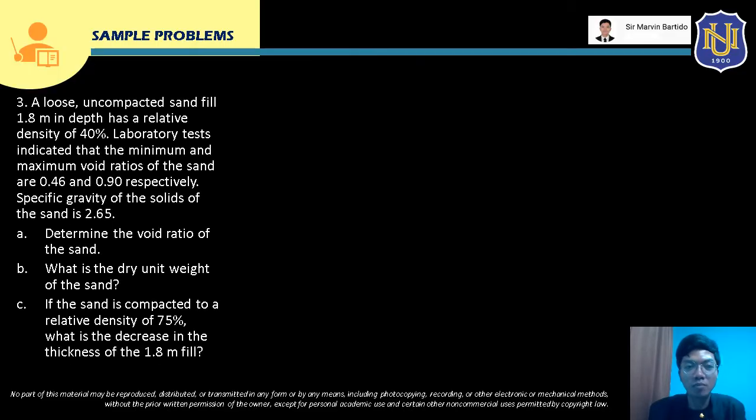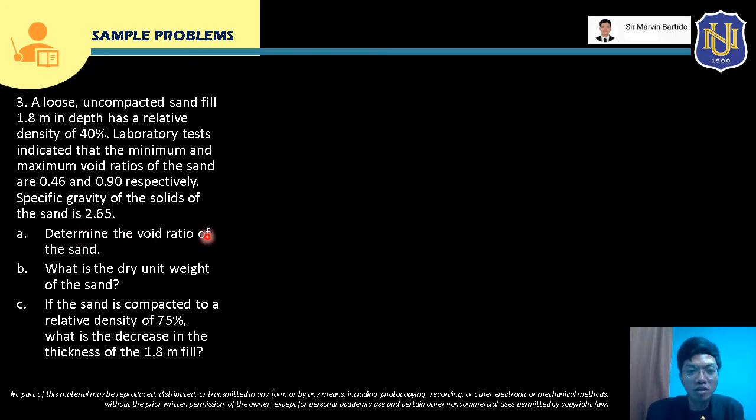Now, for sample problem number 3, a loose, uncompacted sand field, 1.8 meter in depth, has a relative density of 40%. Laboratory tests indicated that the minimum and maximum void ratios of the sand are 0.46 and 0.90 respectively. The specific gravity of the soil solids of the sand is 2.65.